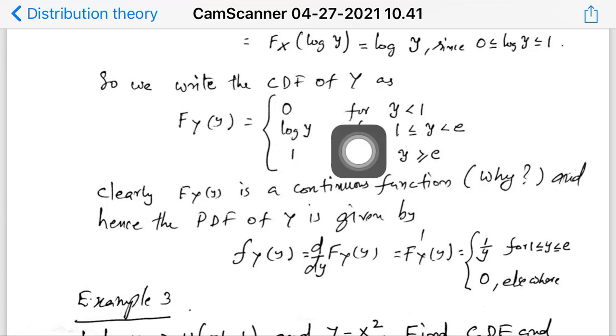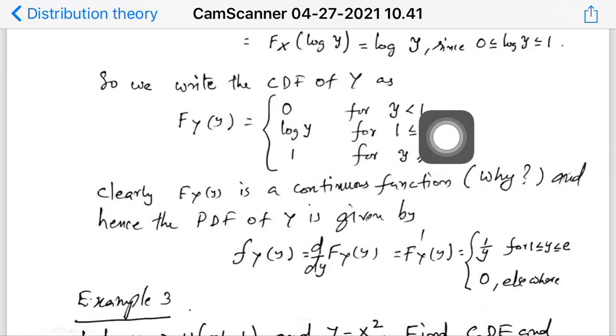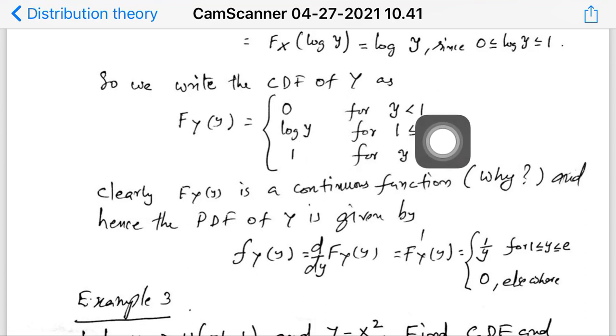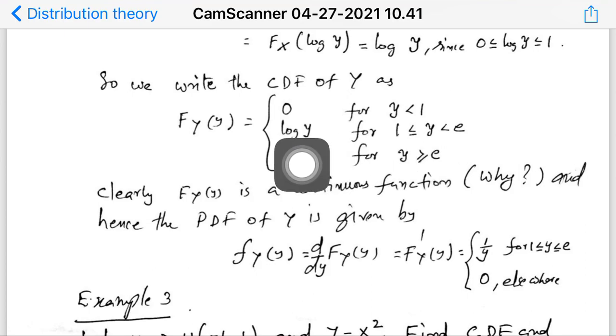If y is, you can see this, y is 1 to e. Then when you put y equal to 1, it is log y, that means 0.